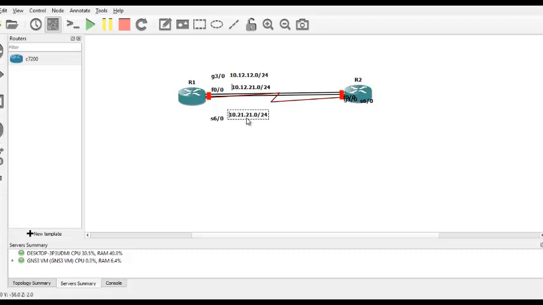So three different networks we have taken. And we are going to run OSPF for testing. Behind router 1 and router 2, I am going to take loopbacks.